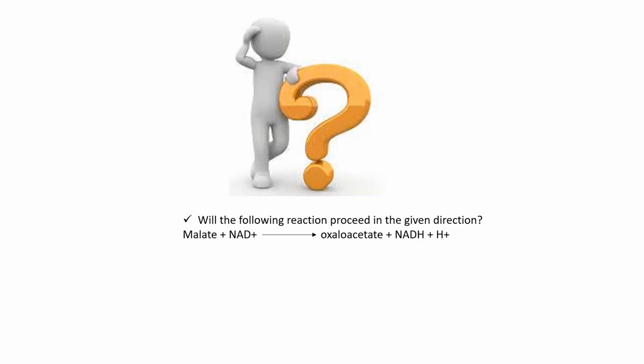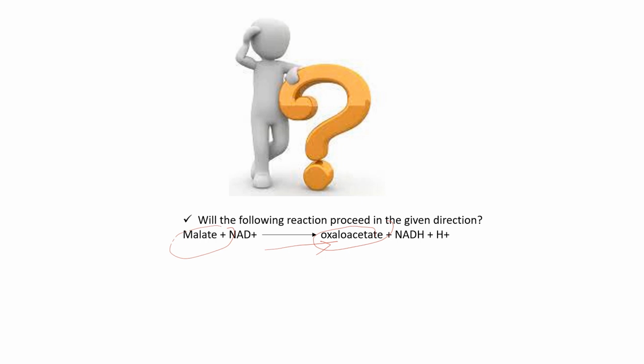Now one question from my end for you all. Will the following reaction proceed in the given direction? The reaction is malate plus NAD plus giving oxaloacetate plus NADH plus H plus. You have to tell me whether this reaction will proceed in the forward direction or not. How will you get the answer? You have to see the structure of malate and the structure of oxaloacetate.